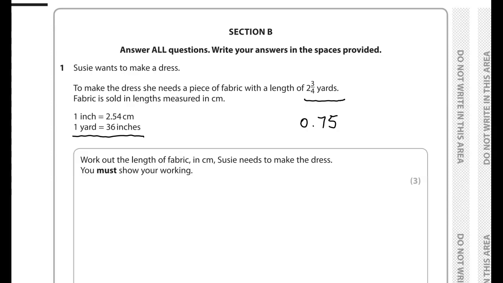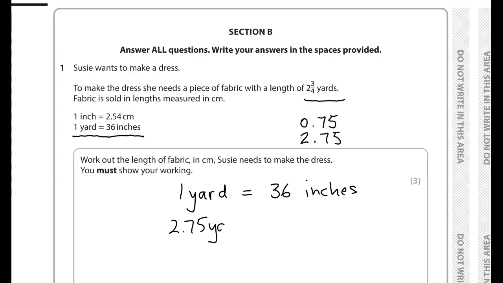So 2 3/4 will be 2.75 yards. So if 1 yard is equal to 36 inches, what about 2.75 yards? What's that equal to in inches?